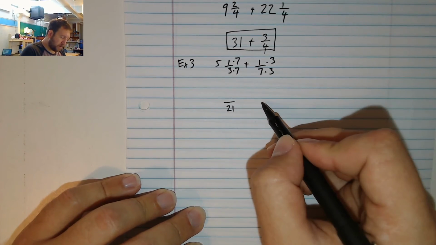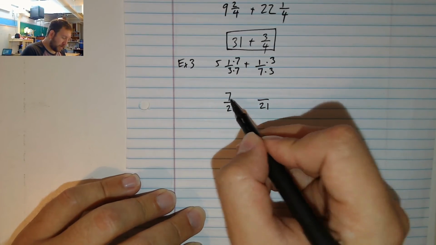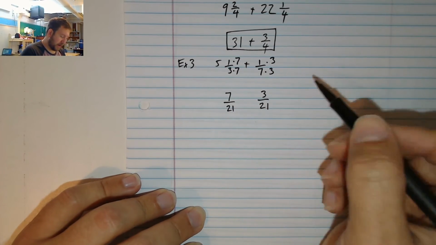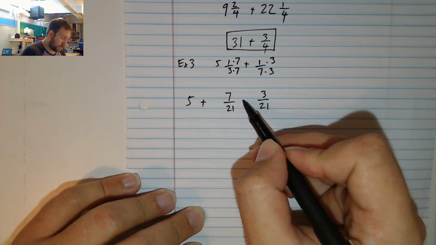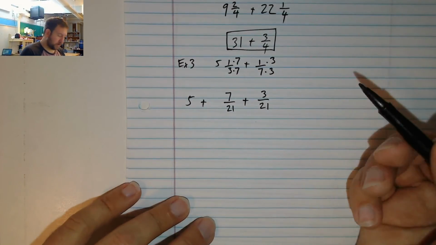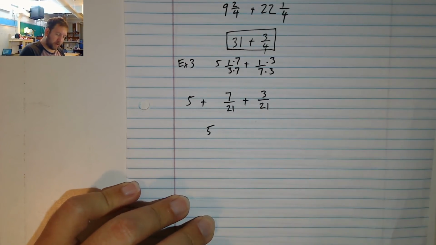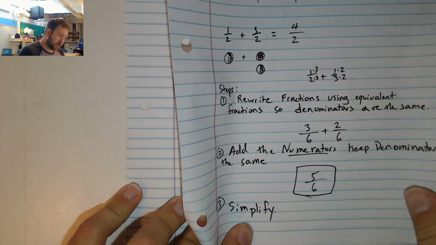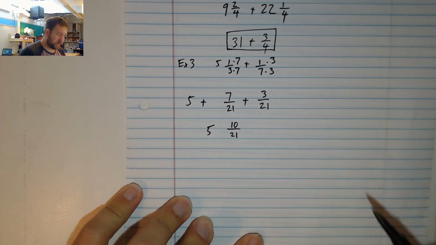That's going to give me 21 on the bottom of both, because 7 times 3 is the same as 3 times 7. 1 times 7 is 7. 1 times 3 is 3. So now I have 5 plus 7/21 plus 3/21. I need to remember, add the numerators, keep denominators the same. 10/21.